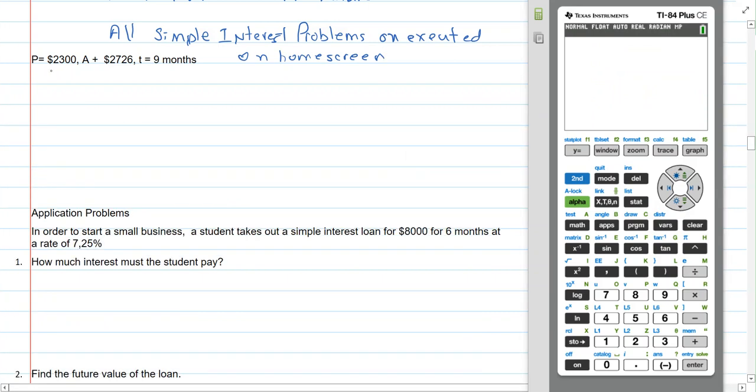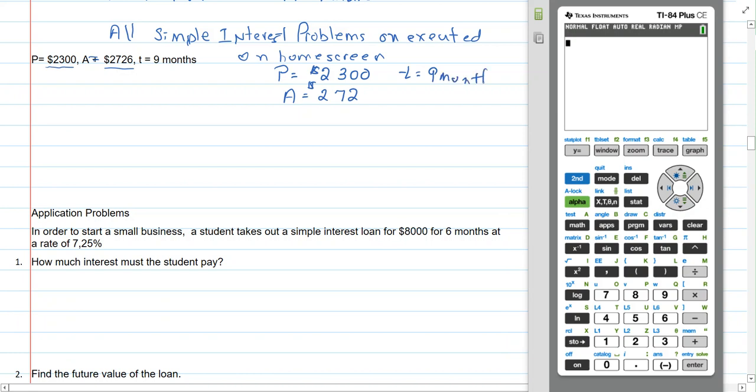We have a principal of 2,300. A equals, that means the future value equals 2726, and T is 9 months. So here we have our P, our A, future value. We have T as 9 months.